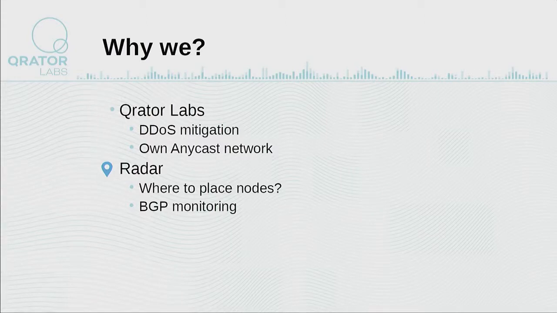But there is another question, where we need to place our nodes in this region, and to whom we need to be connected. This is why the Radar project was created in the first place, and we were making agreements with different BGP speakers all over the world, and by gathering information from them, getting their own routes to these prefixes, we have a not complete, but sufficient internet picture of all BGP routes.